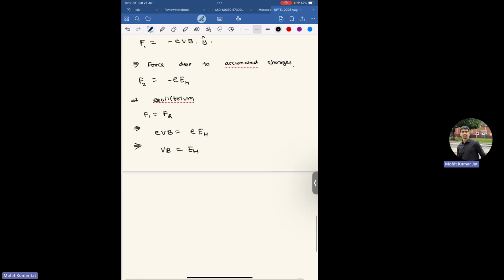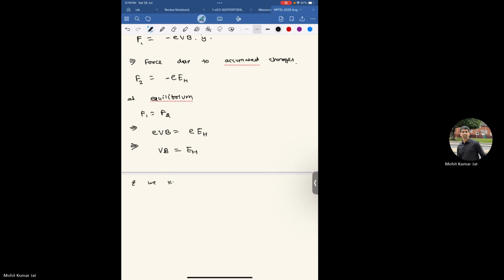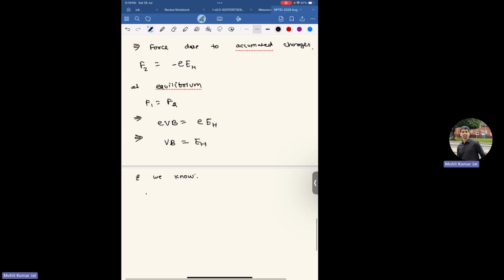And we know VH, the whole voltage, will be electric field times W. This is the width.